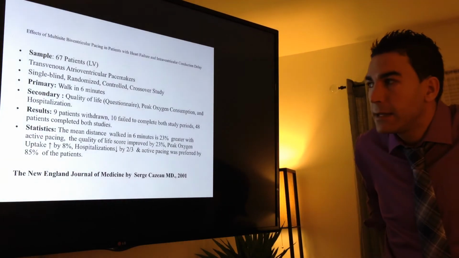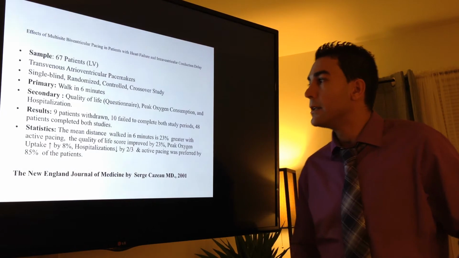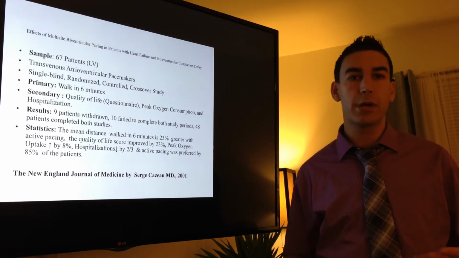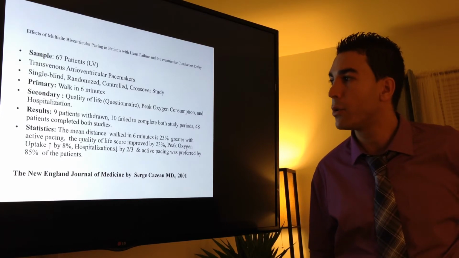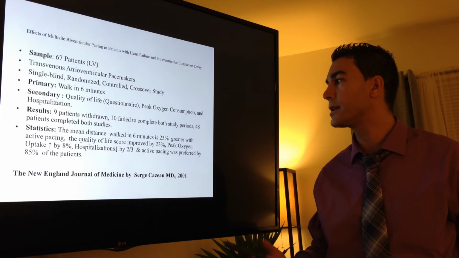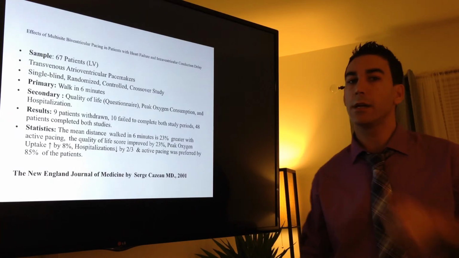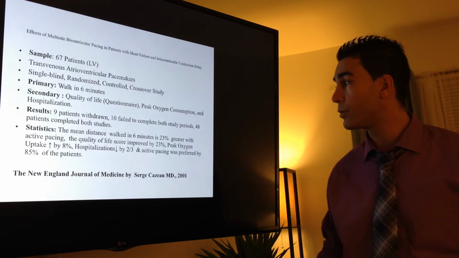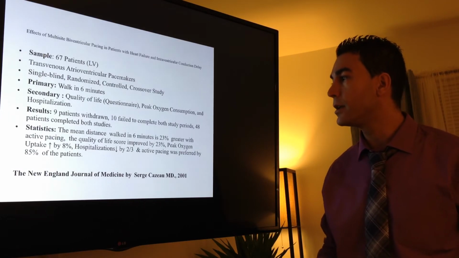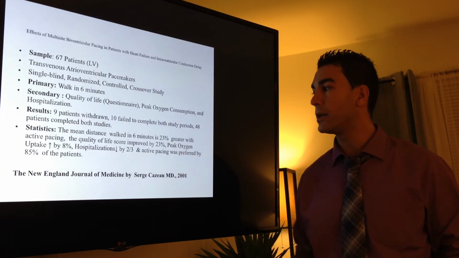The result was that 9 patients withdrew, 10 failed to complete both study periods, and 48 patients completed both studies. Statistics: the mean distance walked in 6 minutes was greater by 23% with active pacing, and the quality of life score improved by 23%.